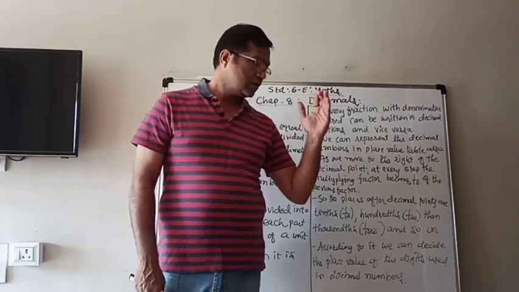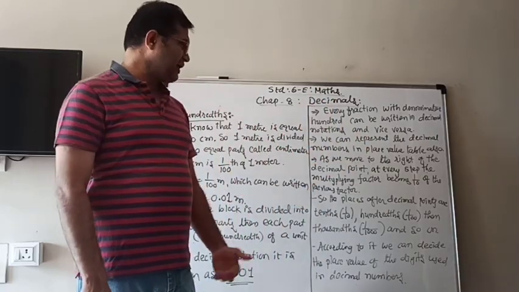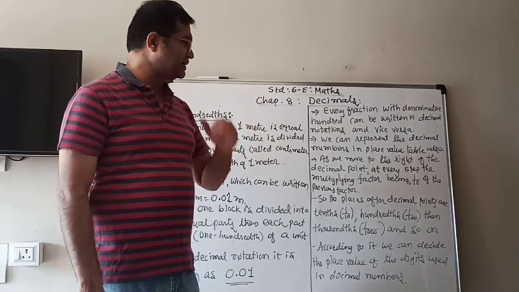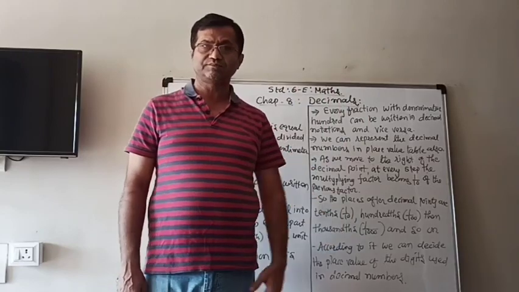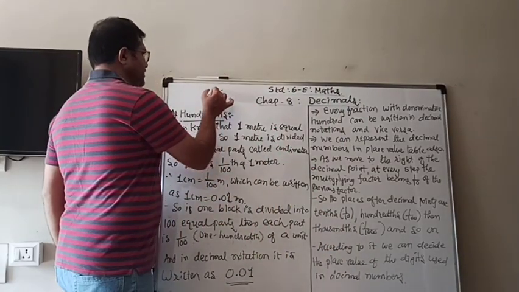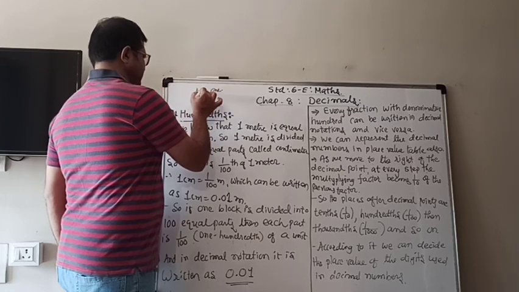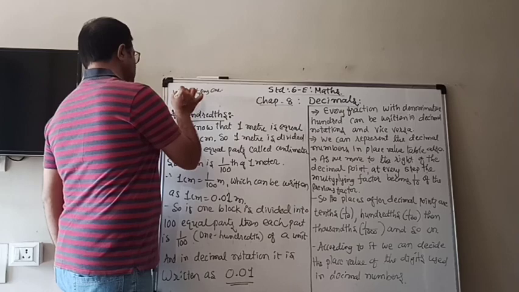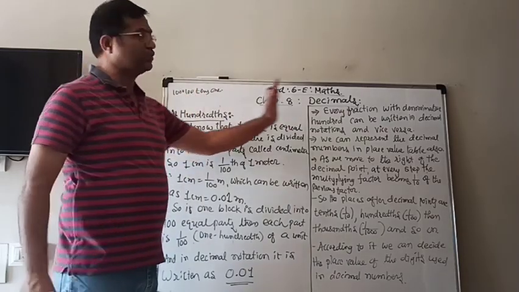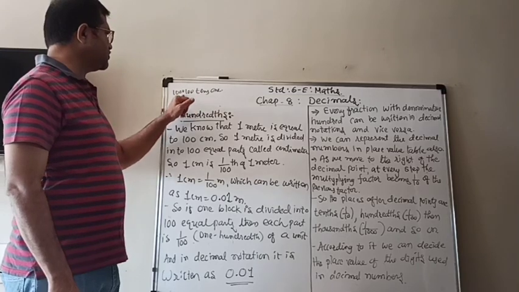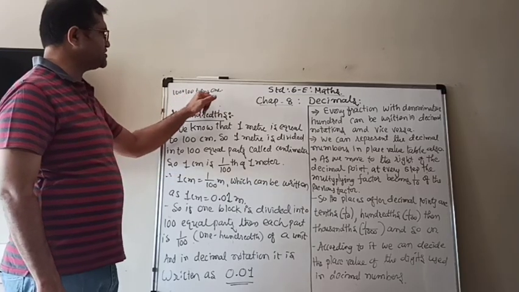The multiplying factor becomes 1/10 of the previous factor. Here it is the ones place, then tens, hundreds, thousands, and so on. If you go from left to right, it is reduced by 1/10: thousand, then hundred, then tens and ones.